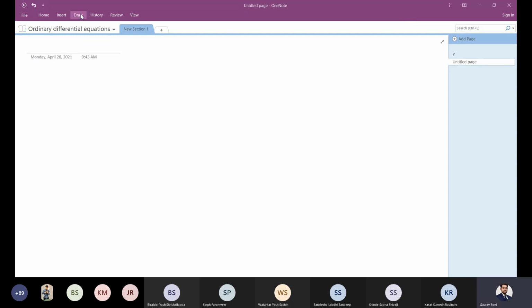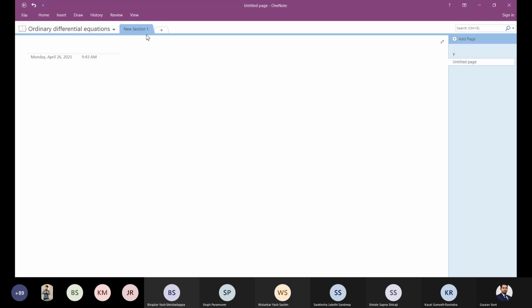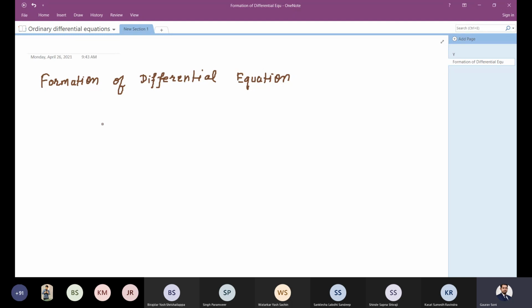So I will start with formation of a differential equation. What is the method?